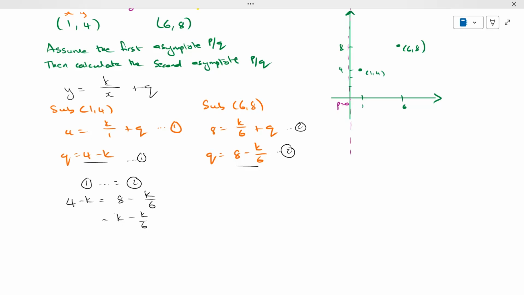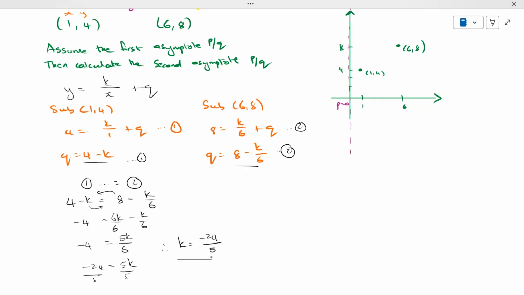That's like 6k over 6, which is the same as 1k. With a common denominator, that becomes 5k over 6. Then I move this over, it becomes minus, so 4 minus 8 is negative 4. Negative 4 times 6 is negative 24 equals 5k, and then I divide both sides by 5. So my k value will be negative 24 over 5.